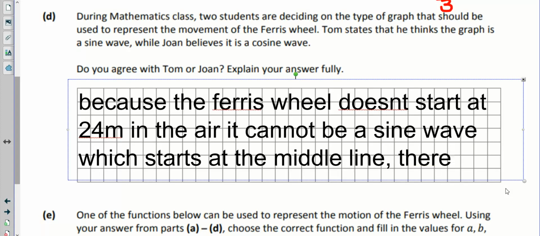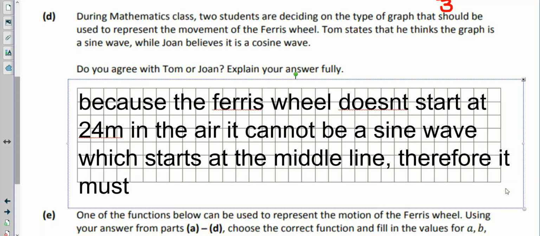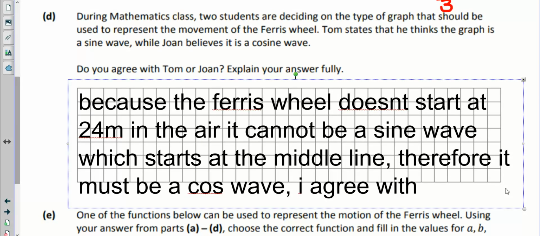Therefore, it must be a cos wave. I agree with Joan. Everybody cool with that? Okay.